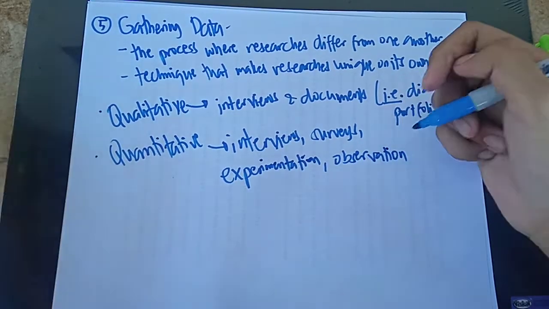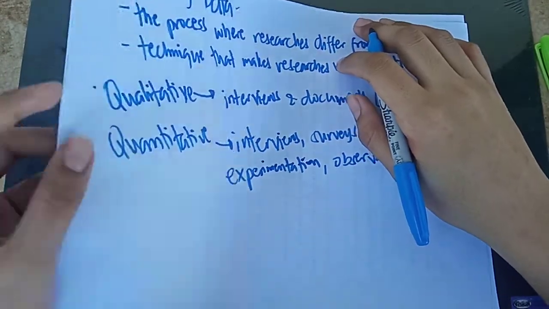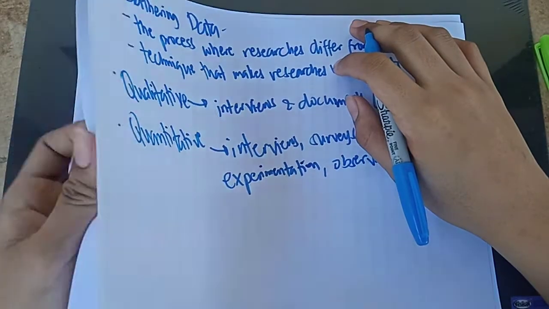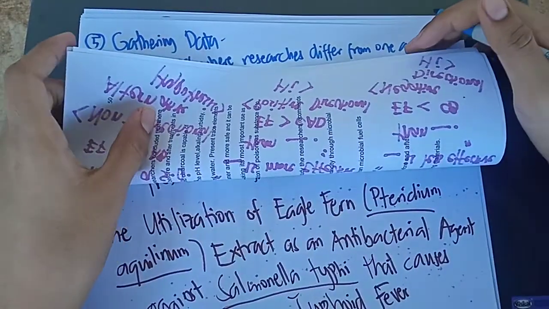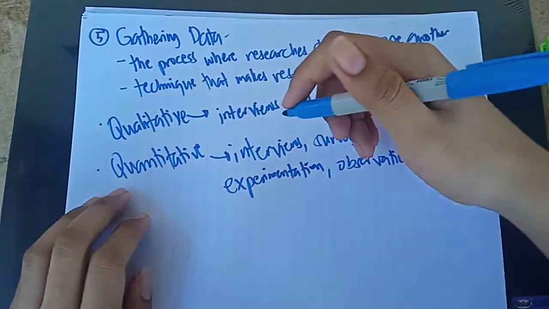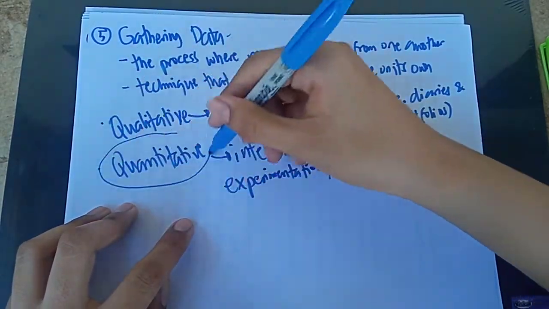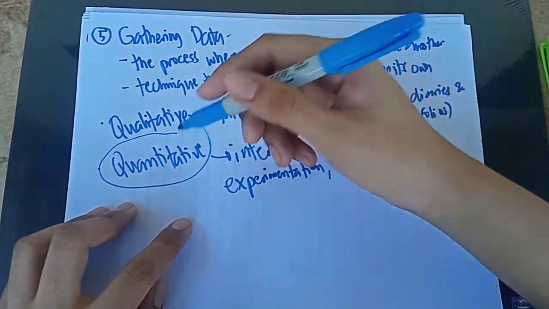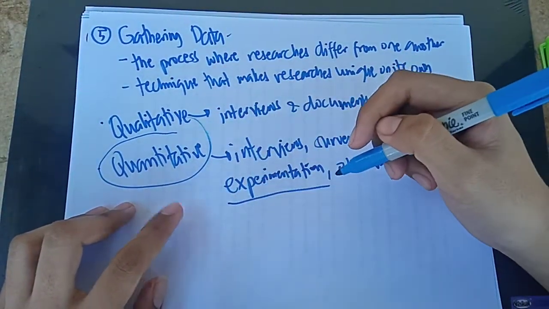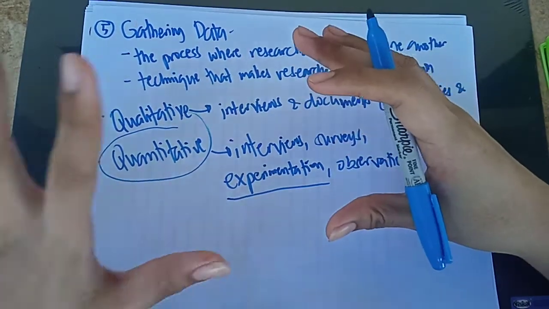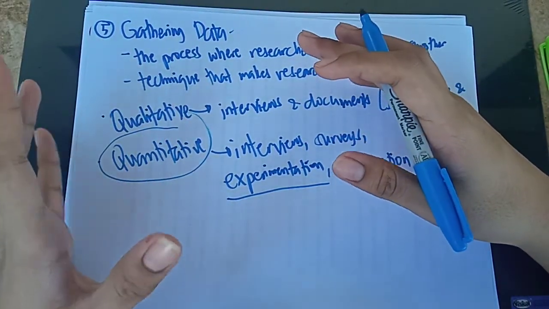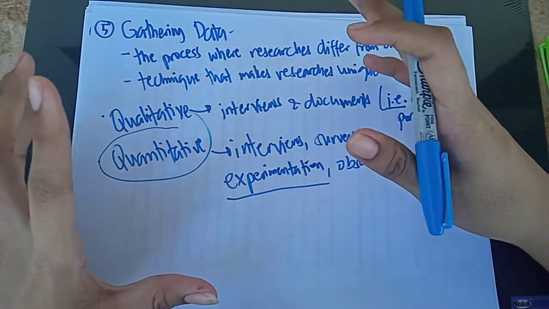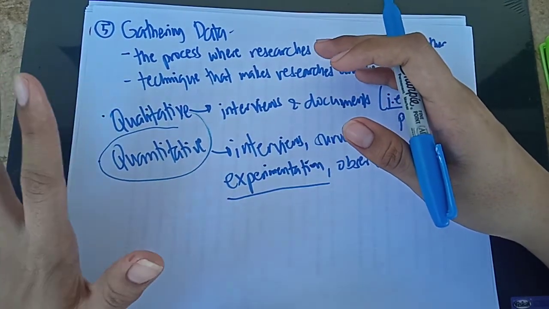So, our example in our study, the utilization of eagle fern, we use gathering data according to quantitative. And that gathering of data must be experimentation. So, we experiment to gather data. We follow certain procedures in experimentation to gather data.